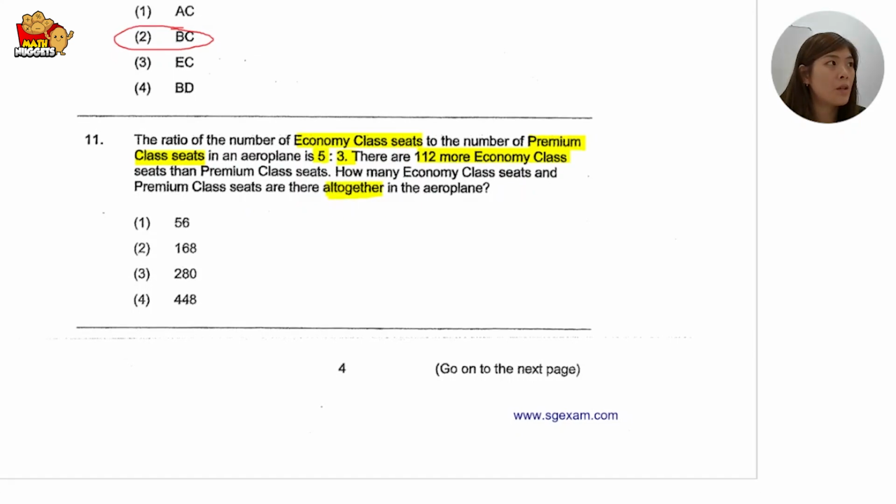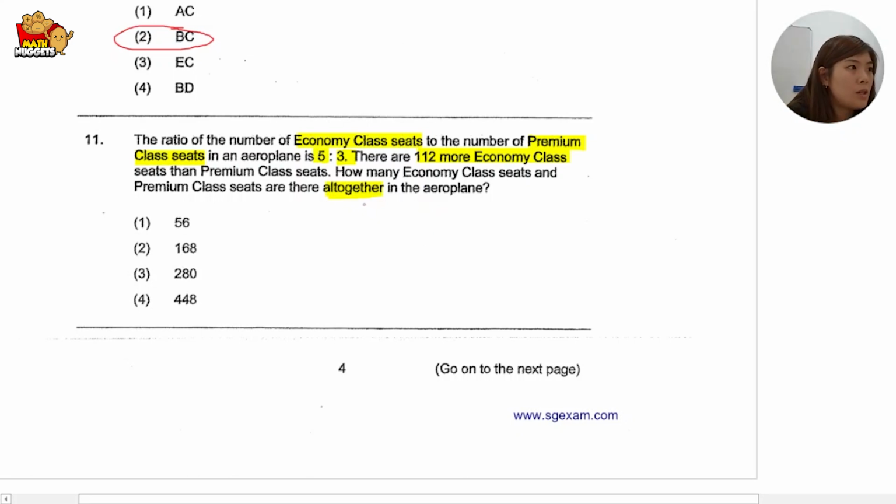To start off, we put it as economy class to premium, it's 5:3. There are 112 more economy class seats than premium class seats, so the difference between the two here is 2 units.